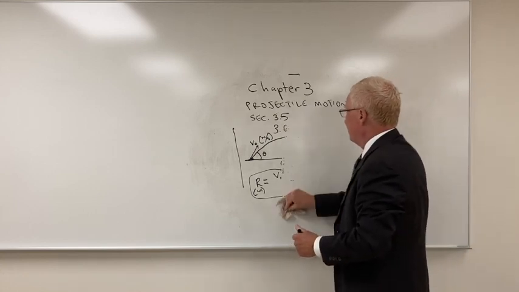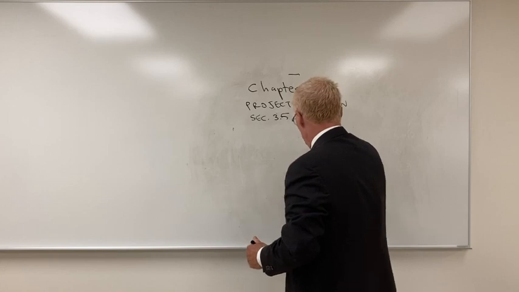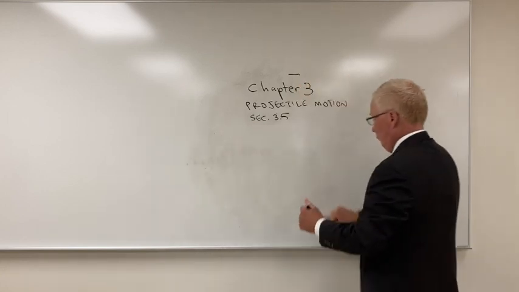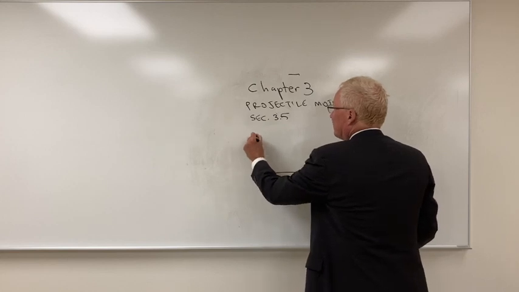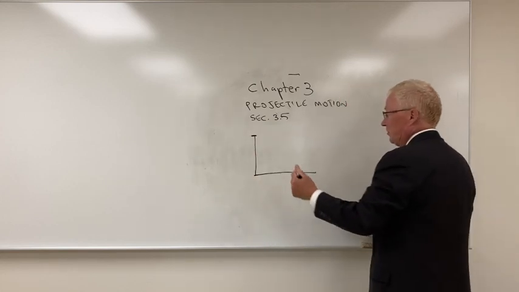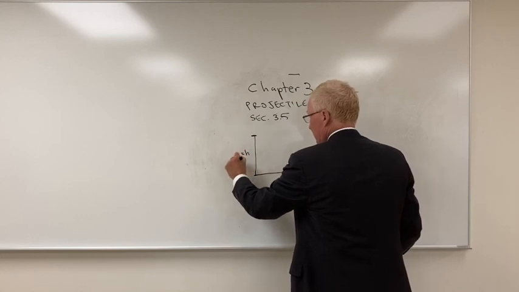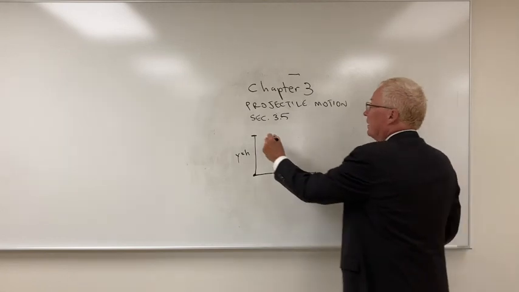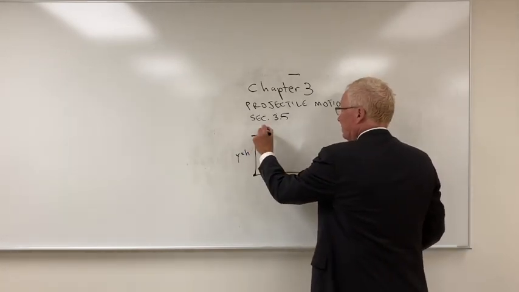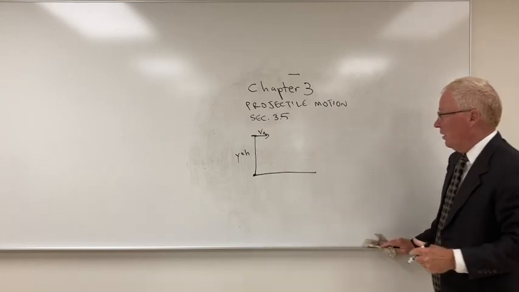In this case, the next thing we have for projectile motion will be if we launch something from a certain height, y is h, so this will be a certain number of meters up, and we launch it horizontally with some velocity v naught.